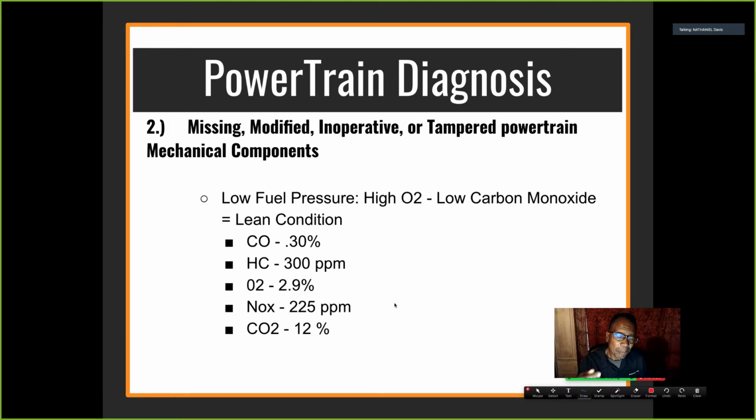You get a lean condition from the O2 sensor, and I said that wrong, and the computer adds more fuel to try to take care of a perceived lean condition. Now we're going to have high CO, elevated ACs, and high O2. Because on the exhaust leak, it's pushing some of those fumes out before the oxygen sensor.